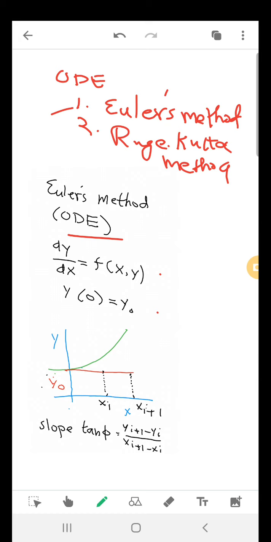If we go into the plot, this is the equation f(x, y), and we need to find the solution, and this is the boundary condition, y at x equal to 0. What we do here is find the slope. We take two points, one is xi and another one is xi plus 1, and we draw a slope here. Let the angle be phi. So the slope tan phi turns out to be (y(i+1) minus y(i)) by (x(i+1) minus x(i)).